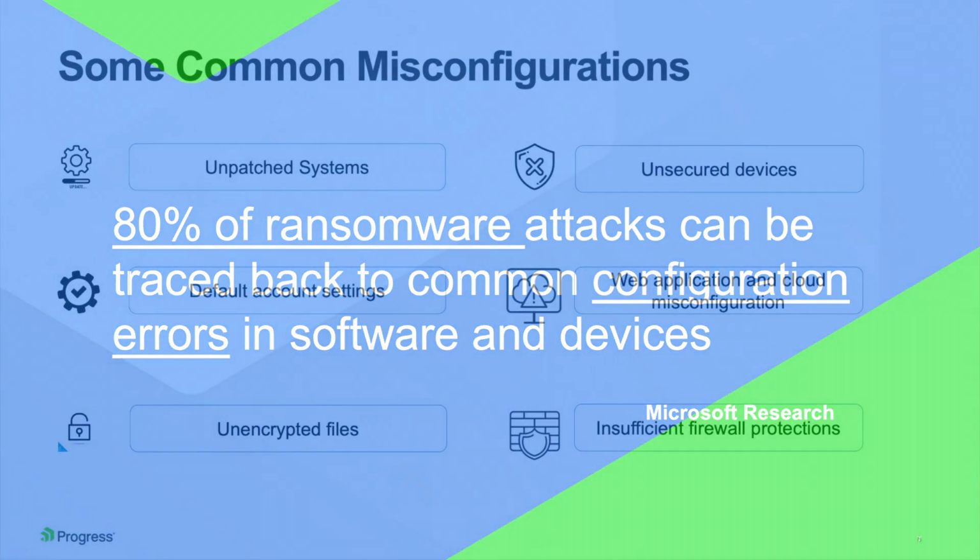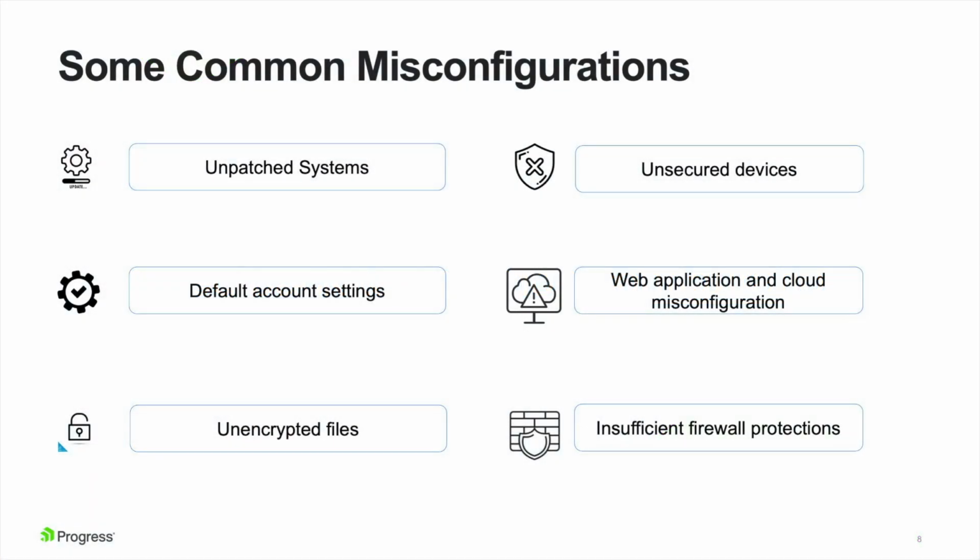So having said that, let's look at some of the common configuration errors or misconfigurations in organizations today. Unpatched systems: attackers can exploit a bug that has not been patched to execute a malicious program or malicious code. And this is a very common loophole for cyber criminals, who scan environments for any unpatched systems.